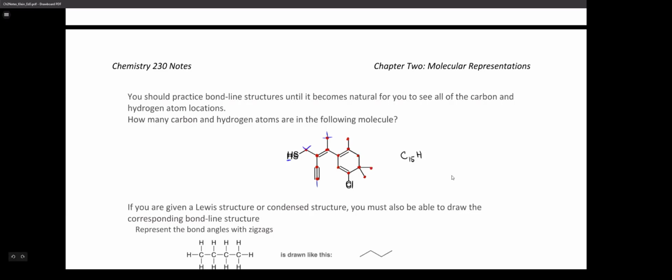Let's do all the methyls, all the ones at the ends. 8, 9, 10, 11, 12, 13, 14, 15, 16. Can we agree that there are none here? Yes. How about here? 1.